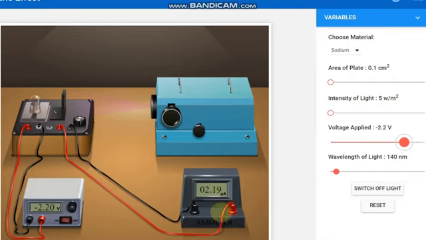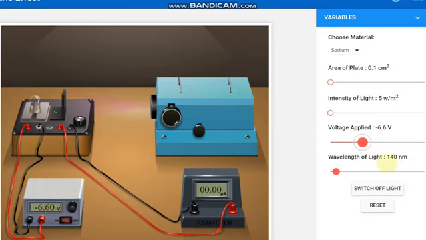You see that the photocurrent is decreasing with increasing reverse potential. Then for a particular reverse potential, you will find the photocurrent is 0. The potential is 6.60, the stopping potential for this 140 nanometers wavelength.